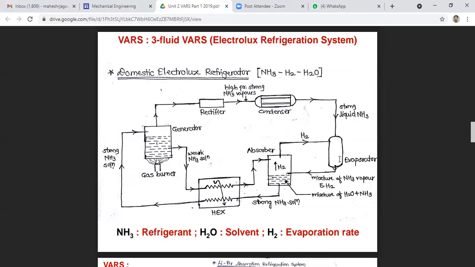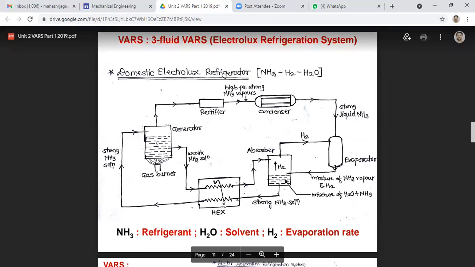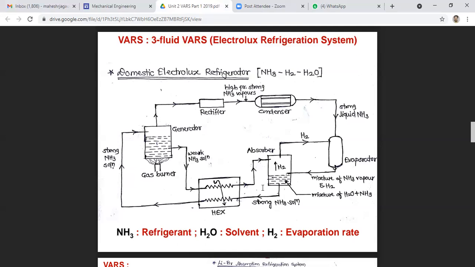Again the mixture of ammonia vapor and H2 is supplied to the absorber, hydrogen goes to the upper side, and the strong ammonia solution is again supplied to the generator. So this is the three fluid vapor absorption system we have seen.